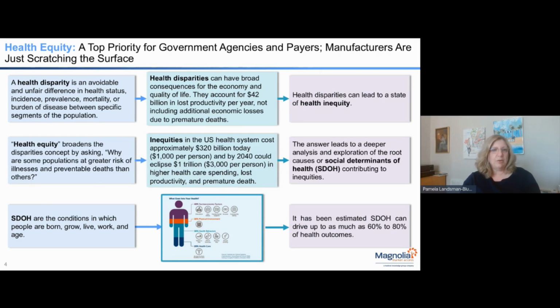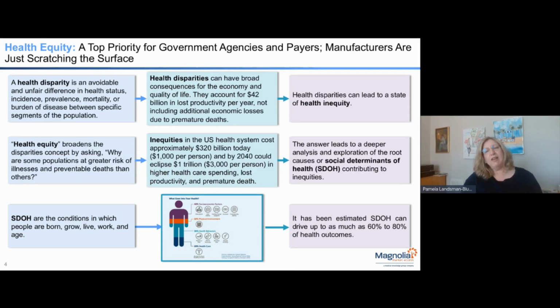According to the WHO, a health disparity is an avoidable and unfair difference in health status, incidence, prevalence, mortality, or burden of disease between specific segments of the population. Health disparities have very broad consequences for the economy and quality of life, and within the US account for $42 billion in lost productivity per year. And that does not include the economic losses due to premature death.